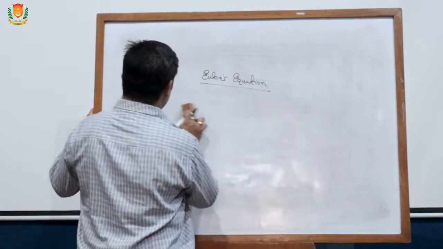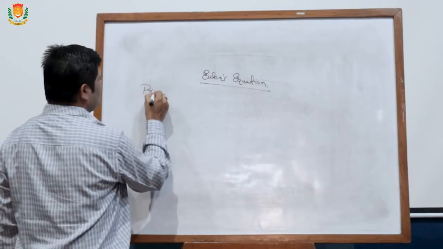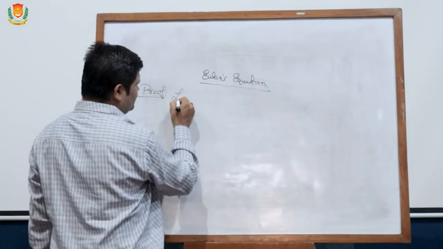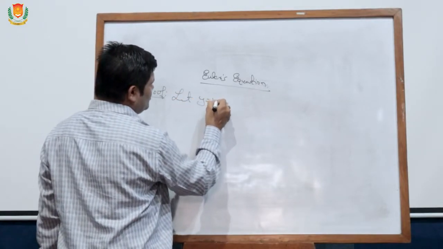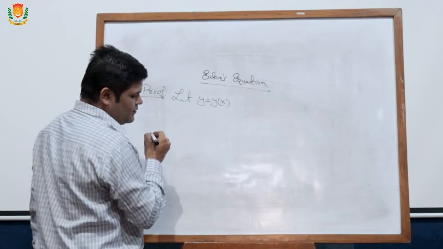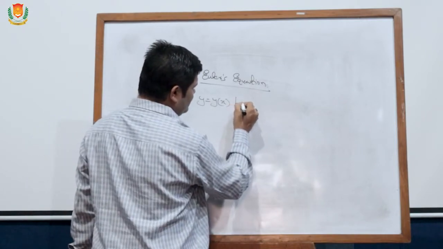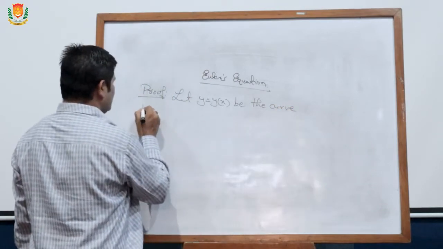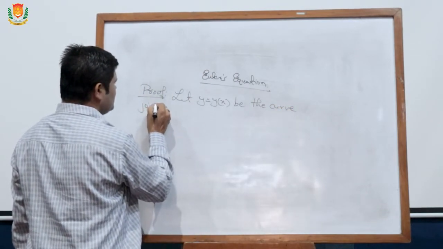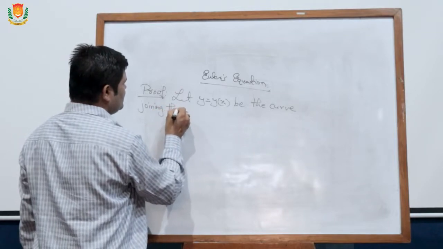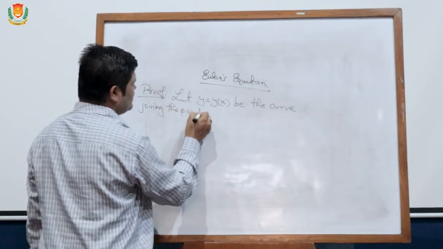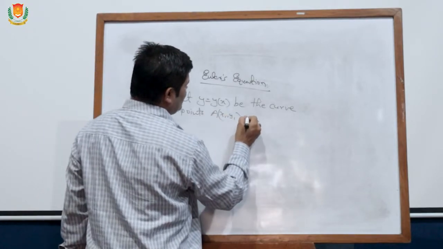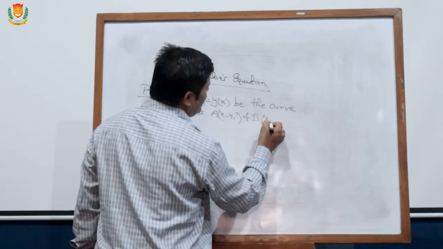Let y equals y of x be the curve joining the points A (x1, y1) and B (x2, y2).